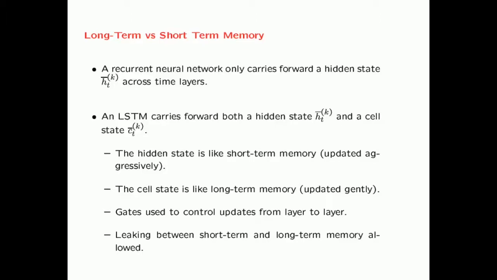Because the cell states are very stable, since you're allowing partial copying from layer to layer, you allow leaking between the short-term and long-term memory. You allow some of the long-term memory to be leaked into the short-term memory, and that kind of leaking also stabilizes the gradient flows of the short-term memory. It also stabilizes the hidden states.